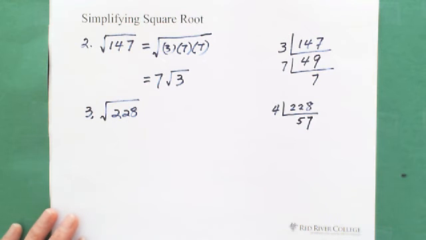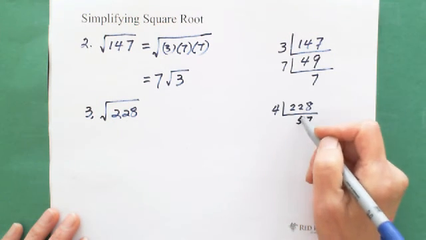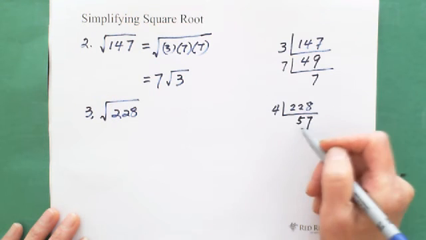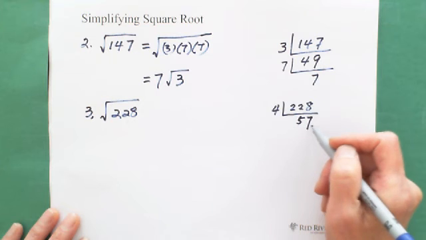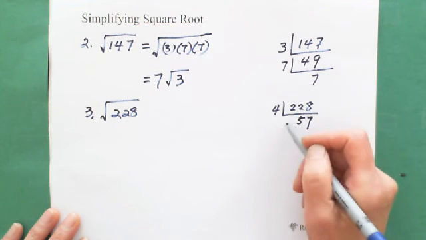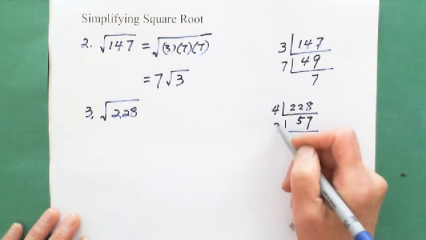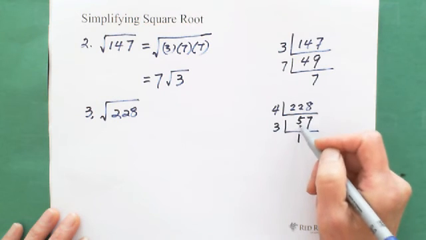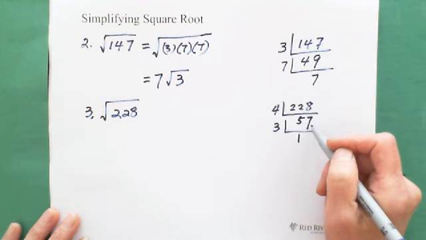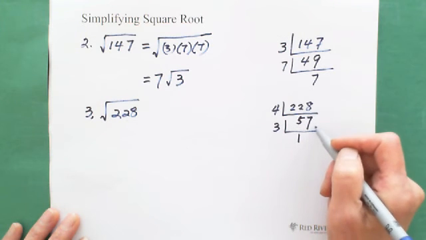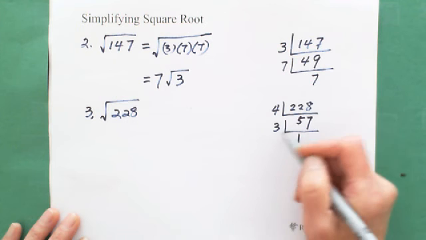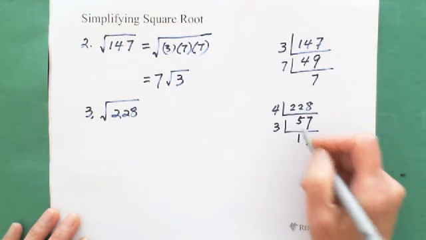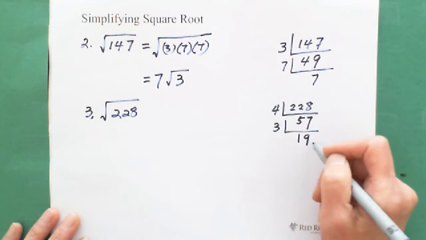Once you have this number, what about the 57? 57 is obviously not divisible by 4, but when you add 5 and 7 you get 12, which is divisible by 3. So you try 3. In 5, there is one 3, with 2 remainder, carry on to 27. 27 divided by 3 is 9, so 57 equals 3 times 19.